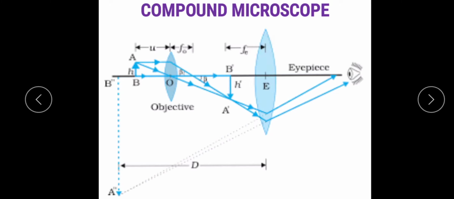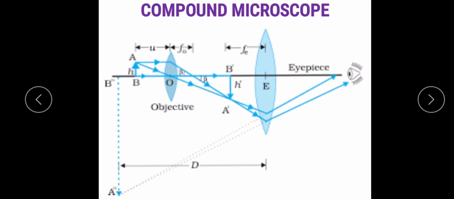The converging lenses form a system of lenses, in which the first one is the objective lens, represented by O, of very small focal length F_O and a small aperture. The second lens is the eyepiece, represented by capital A, of moderate focal length and a large aperture.